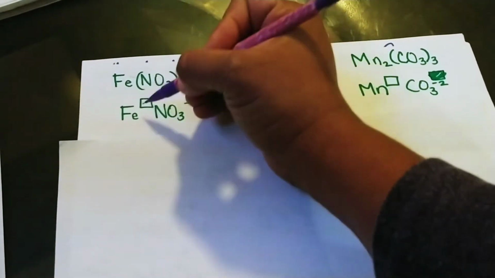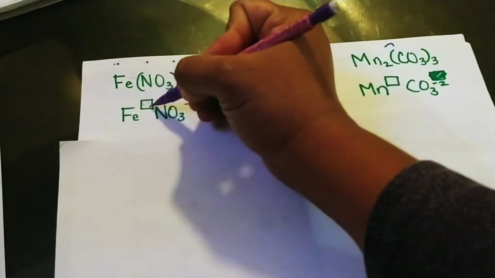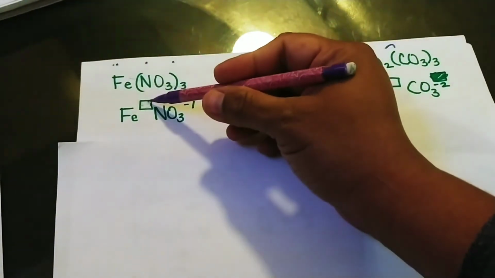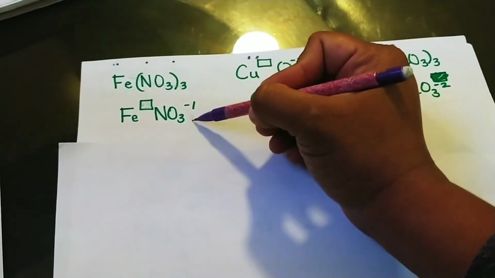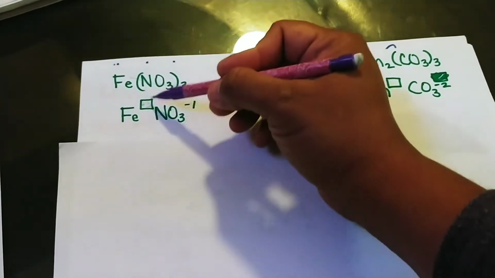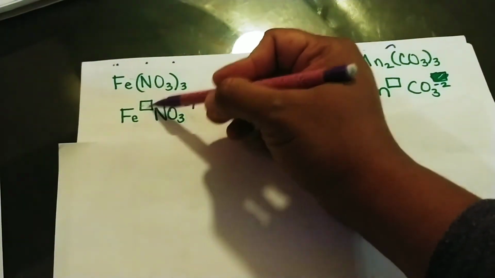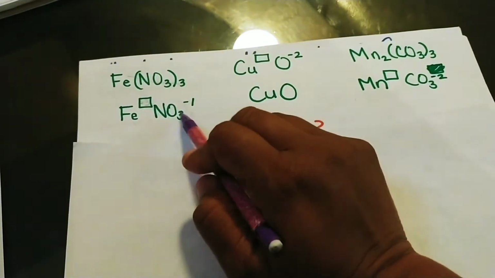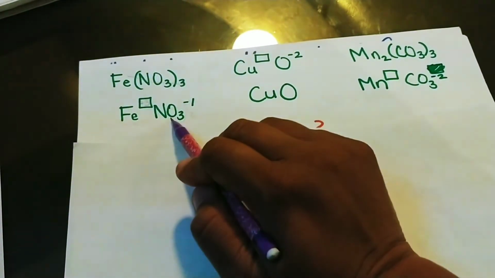So in this box, I made it so that you know that it's a positive 3. Okay? And if we would have recrossed it back, and this would have been a 3, you would have put parentheses, you cross the 1, we don't show 1s. That's the oxidation number we would use. So in this case, you're using iron 3 nitrate. So it would be iron Roman numeral 3 nitrate.